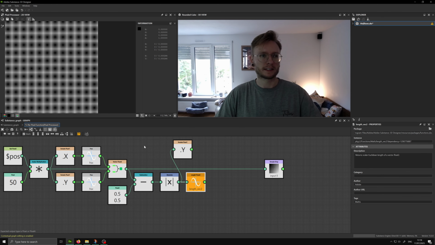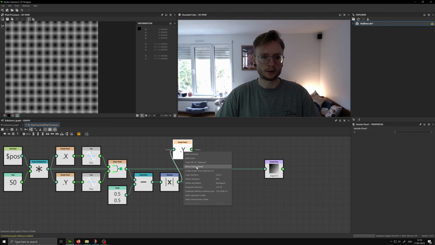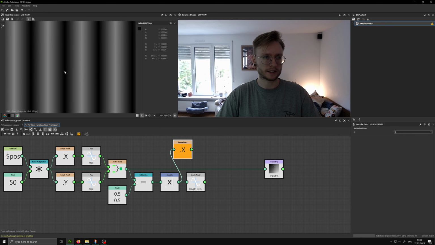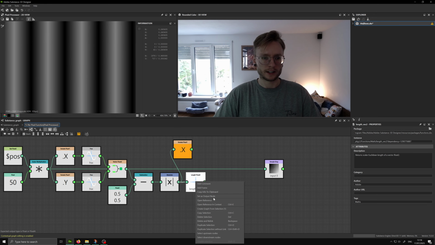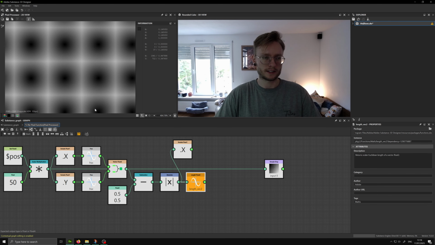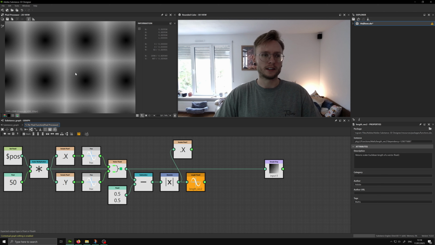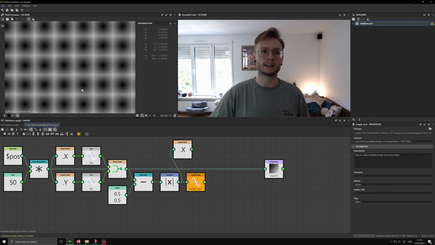If I'm now inspecting this, you're going to see that from our center point, or our center points, let me quickly choose point X here, we're now calculating the difference or the length to the other points. And because we're doing this for X and Y in both axes, we're basically going to introduce a grid which has the lowest distance right on the crosses and the biggest distance at the center point. So this is a way to create circles.